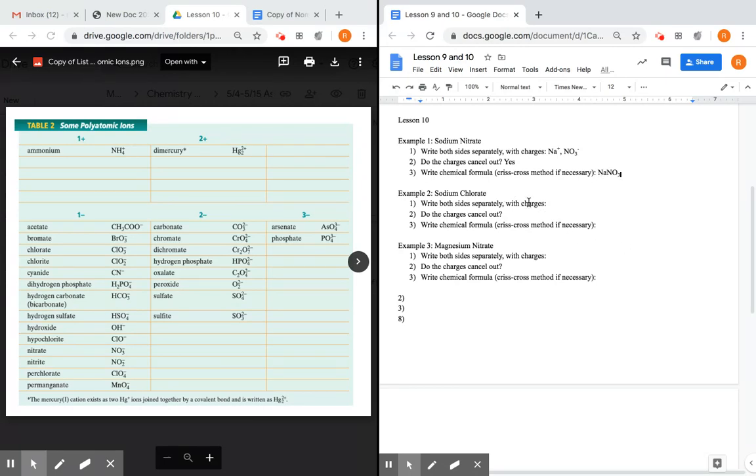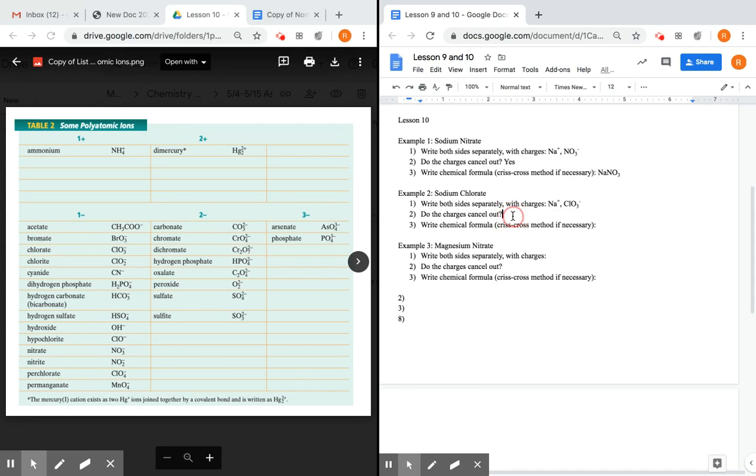All right, so sodium chlorate. We know that sodium has a plus charge. And then chlorate, let's go find that. We're going to find chlorate, ClO3 minus.